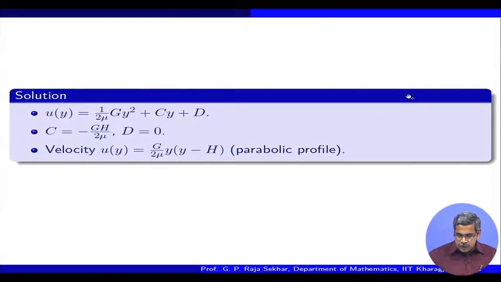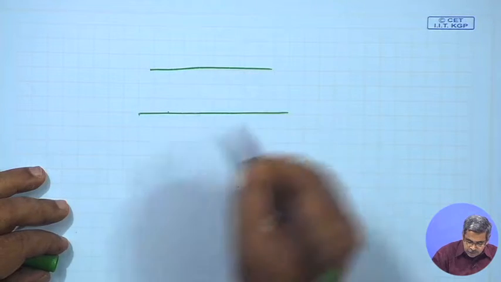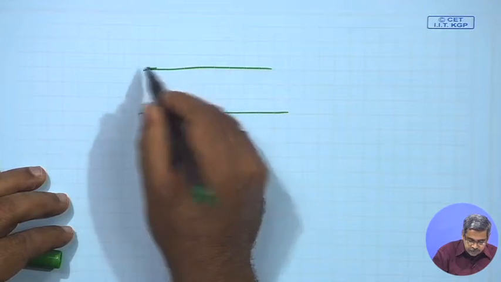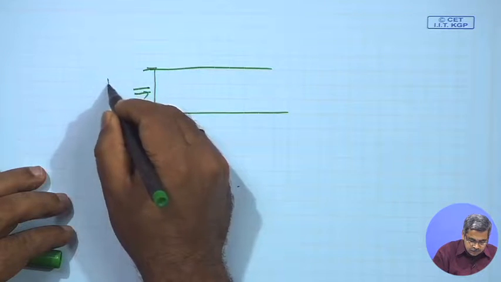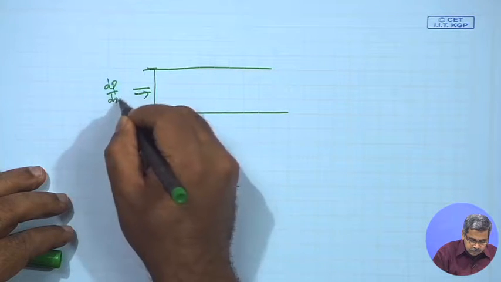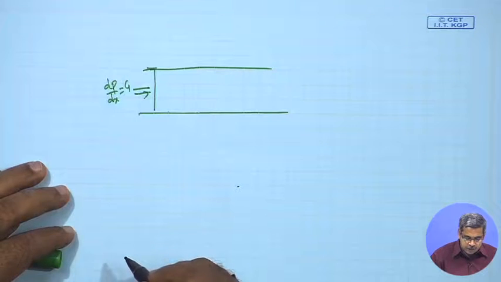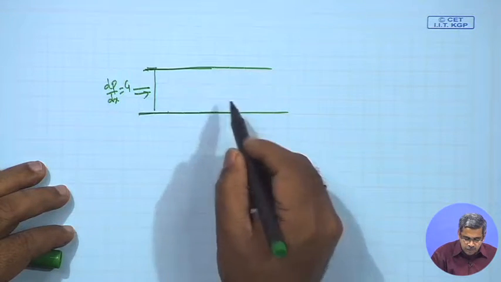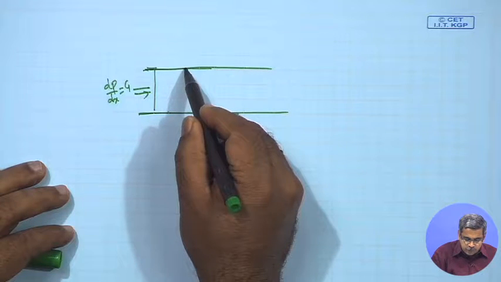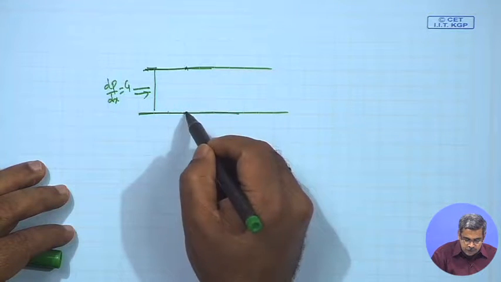Okay. So, what is happening here? You have stationary plates, but the flow is driven by a constant pressure gradient. Okay. So, when the plates are stationary, viscous effects are more prevalent at these boundaries.